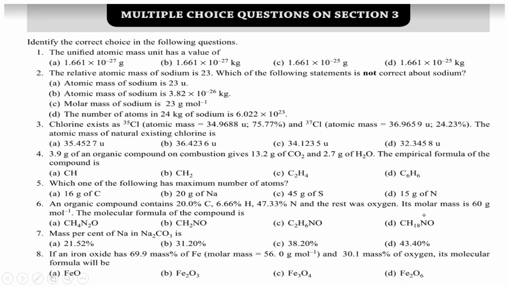The molar mass is given: the total molecular mass of this compound is 60 grams. Find the empirical formula as well as the molecular formula. To find the molecular formula, first we should find the empirical formula. How to find it? I'll show you now.